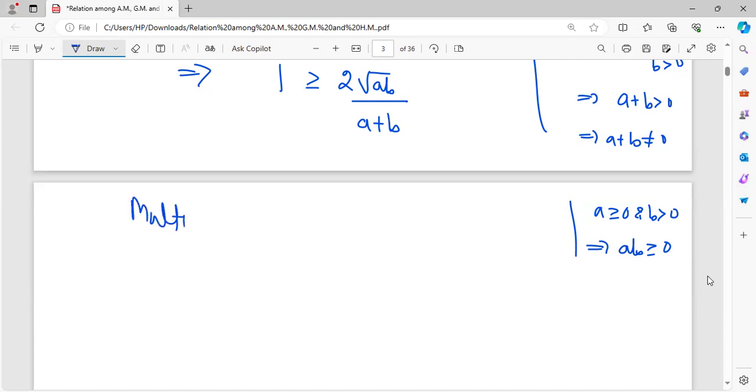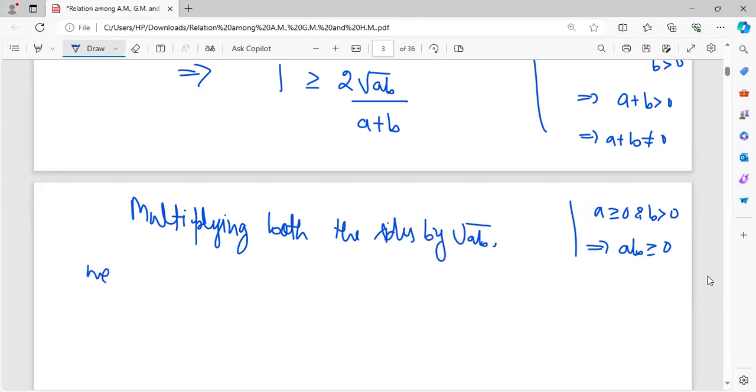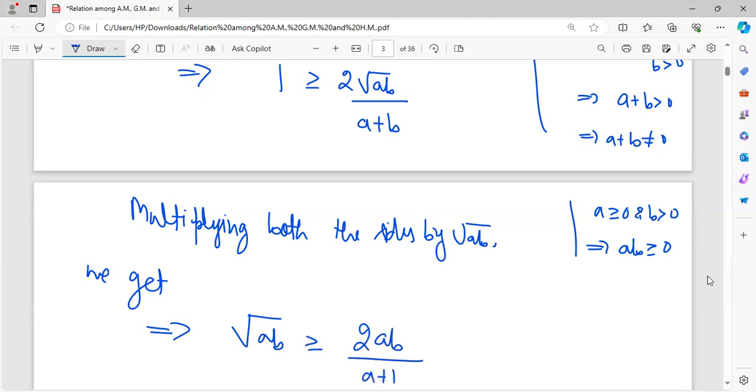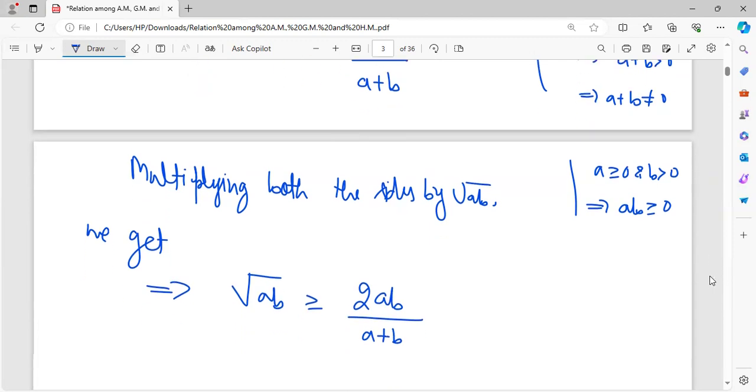Multiplying both the sides by under root AB, we get under root AB is greater than or equal to 2AB upon A plus B.